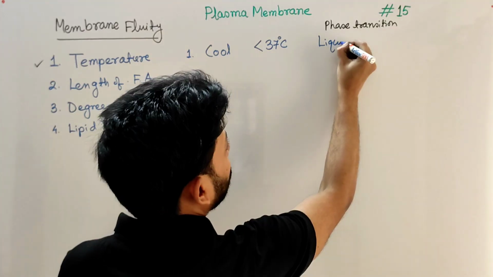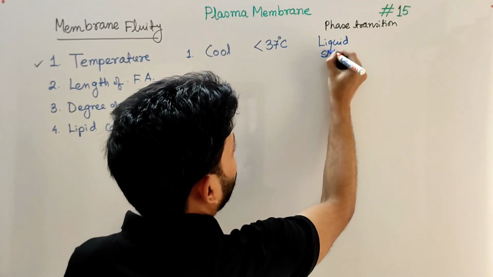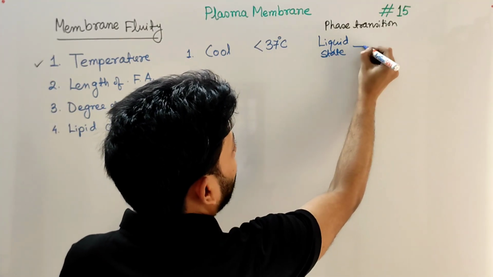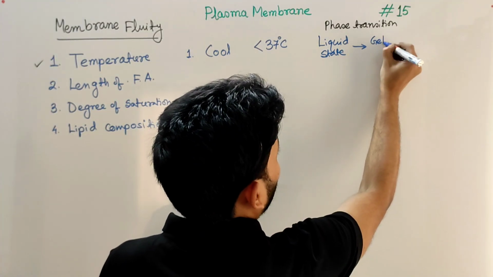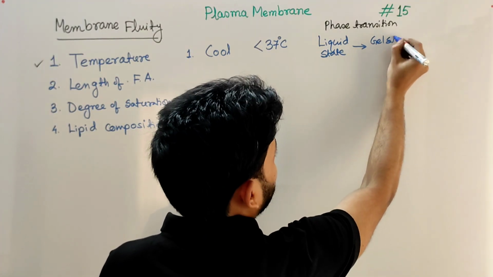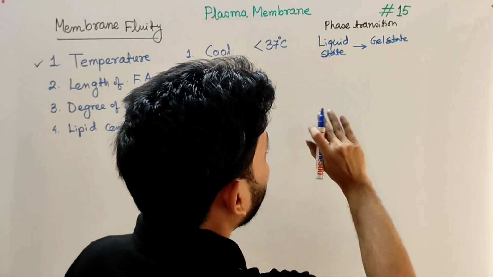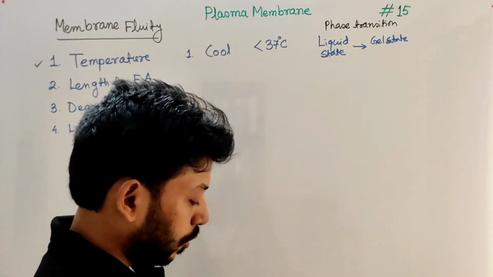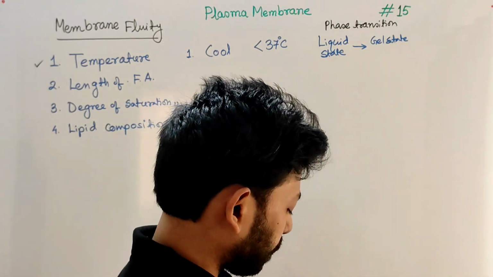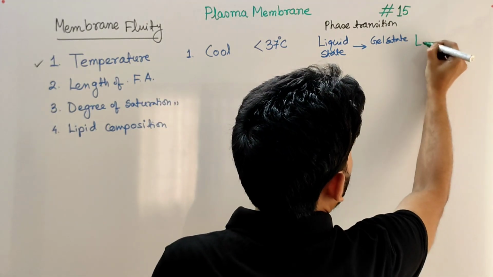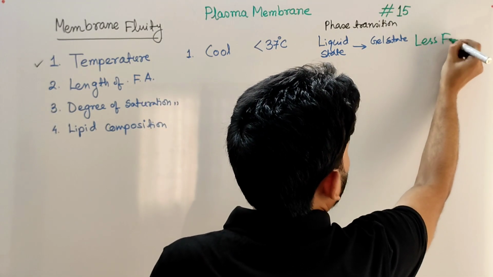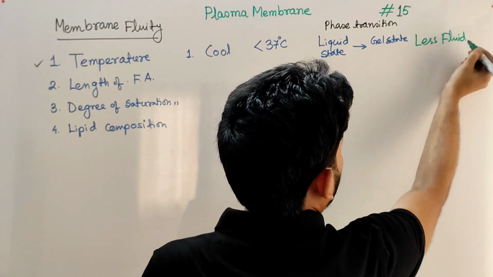So the liquid state of the membrane undergoes a change into a gel-like or semi-solid state, the gel state. This is called phase transition. Now when it becomes gel state, it becomes less fluid in nature. I can write less fluid.